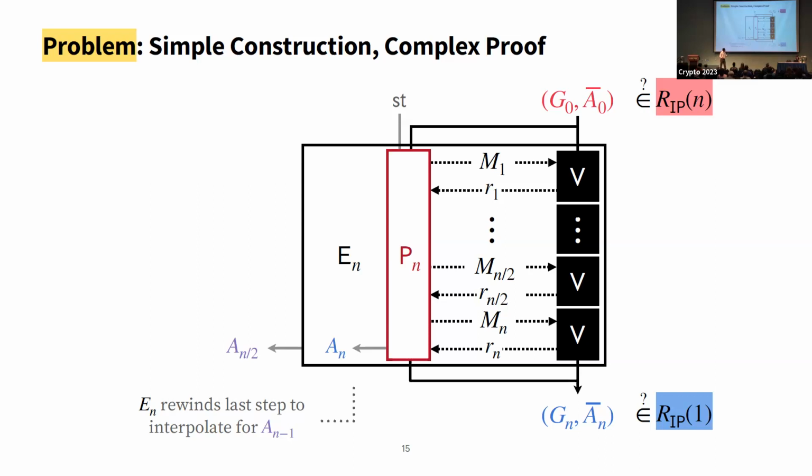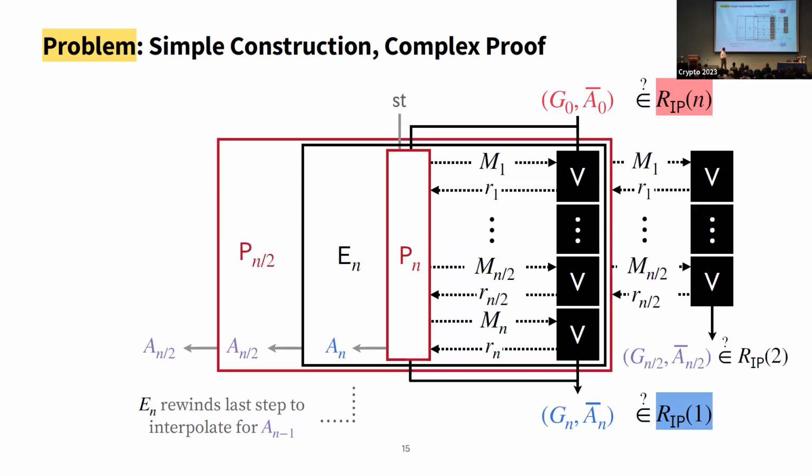Well, what this extractor does is imply a corresponding prover that can trick this verifier that stops at length 2 vectors into outputting some statement such that it can output a corresponding satisfying witness.